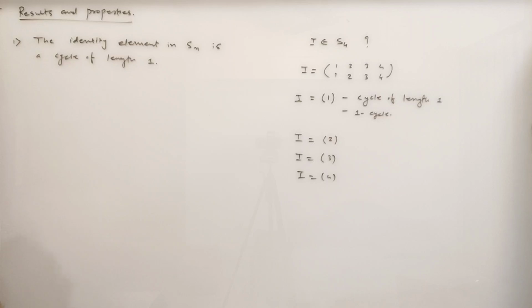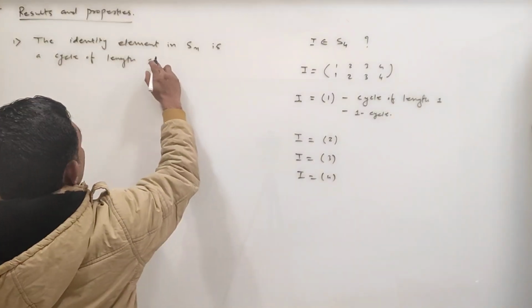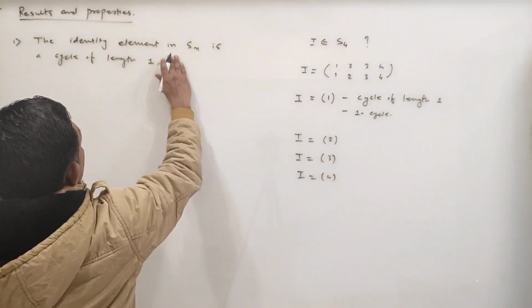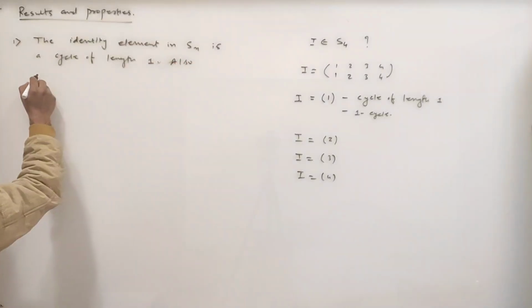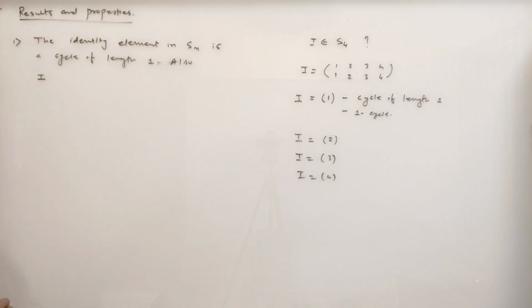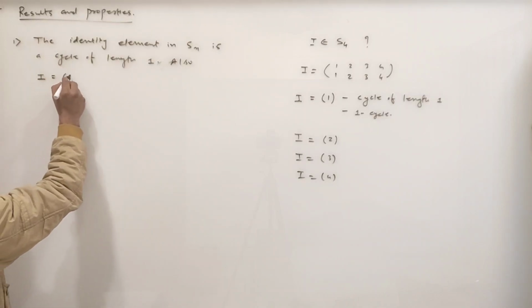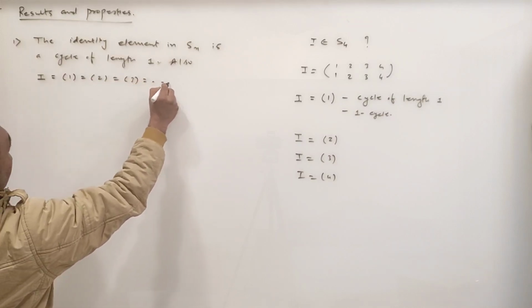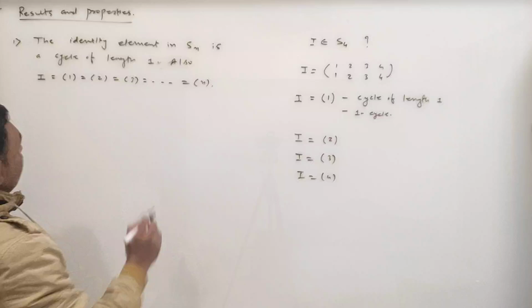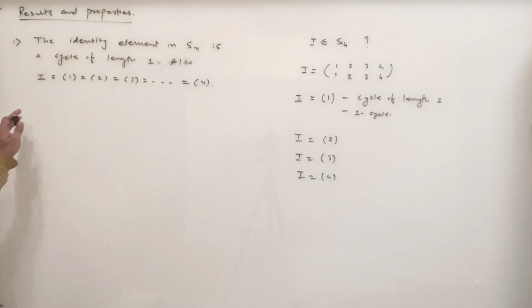And also, if I is identity, then I can be written as 1, or you may say 2 or 3 and so on in this way. So you can write identity in this way also, right? So this is my first result about this cycle.